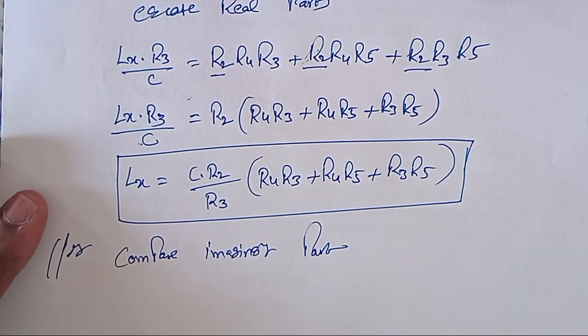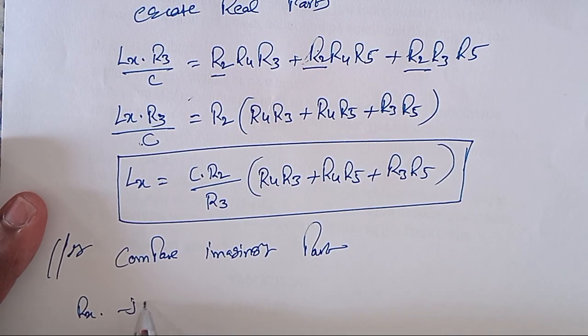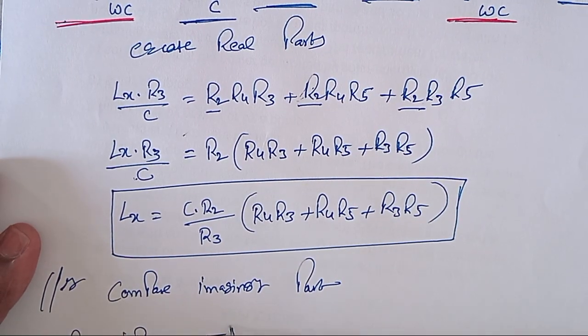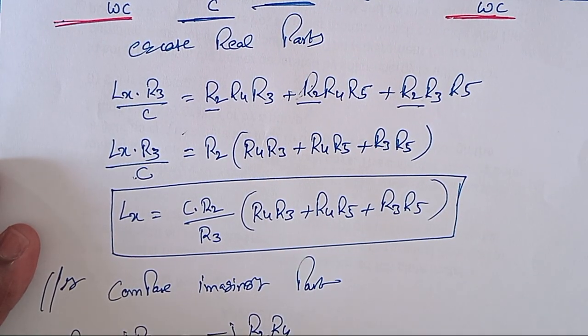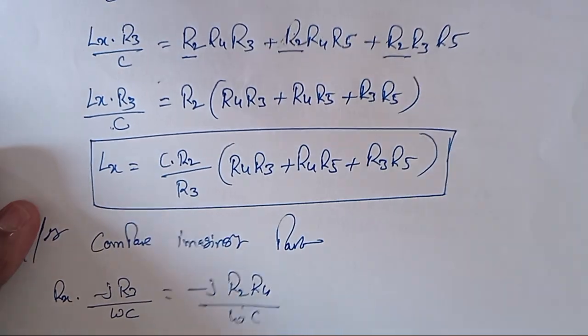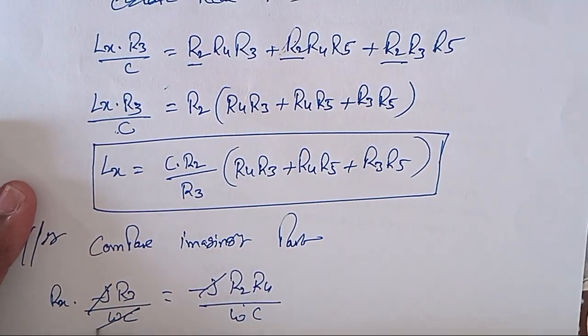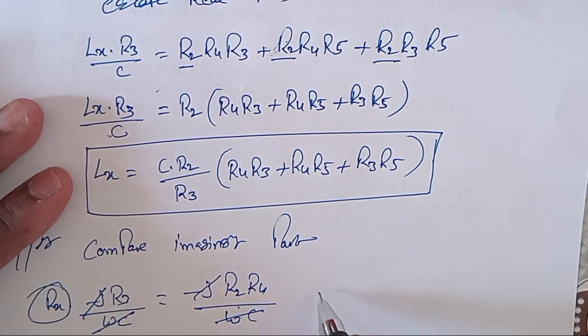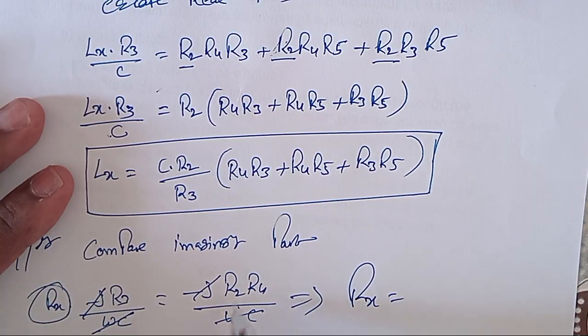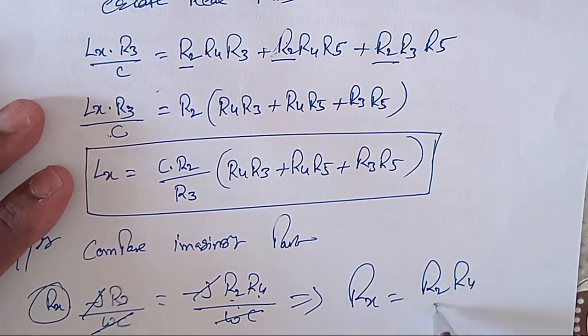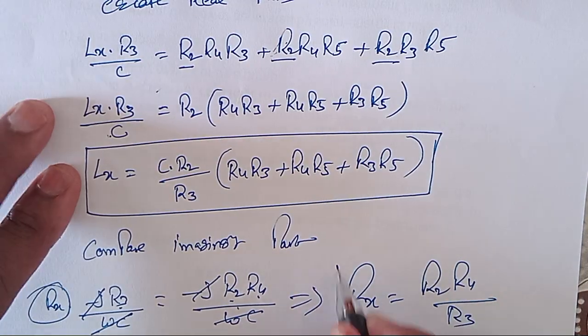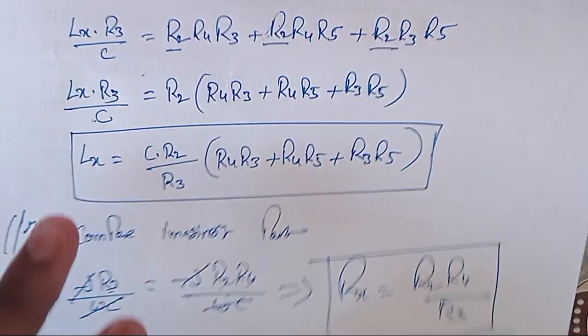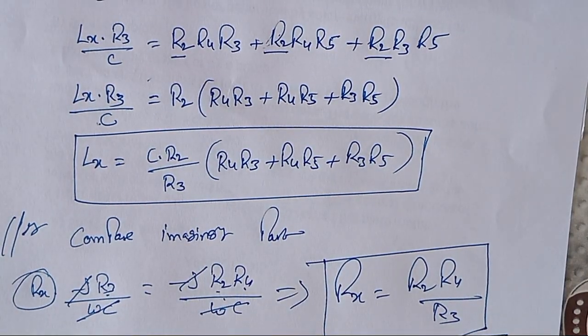So we get Rx into minus j R3 by omega C equal to minus j R2 R4 by omega C. With this minus j omega C canceling, finally we get Rx. That implies Rx equal to R2 R4 by R3. It is the unknown value. Like this, we can find the unknown value of inductance by using the Anderson bridge.